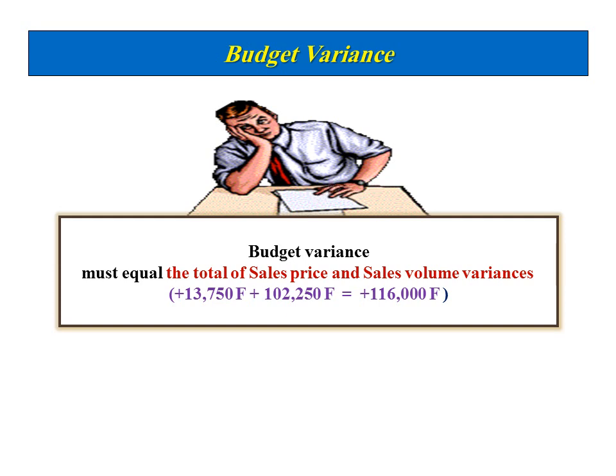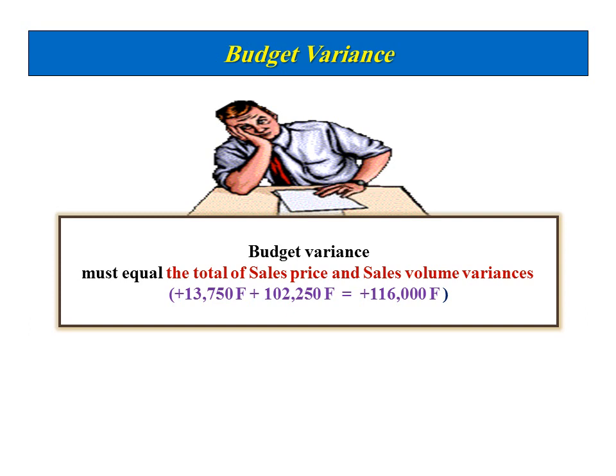So if I calculate the total of sales price variance here, positive 13,750 favorable, and sales volume here, I will find the total is positive 116,000 favorable. It is the budget variance. Okay, you have to check your answer. I analyze budget variance into two kinds of variances.